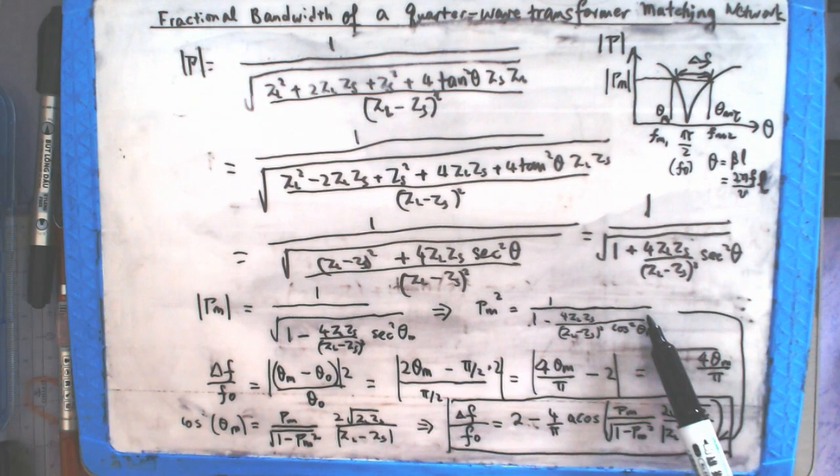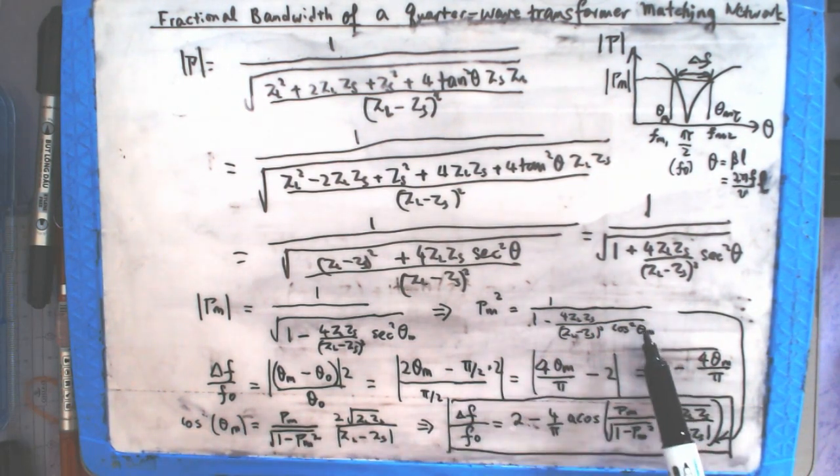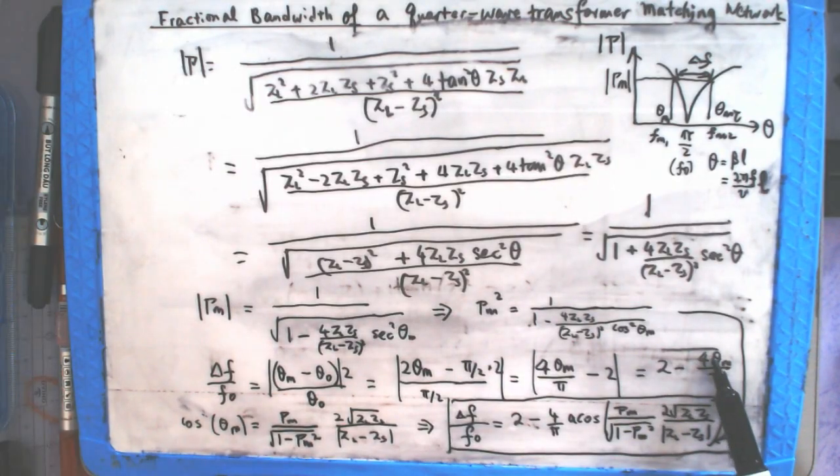I solved the value for cosine theta m from this equation here. And then from here, I substitute the value of theta m into this formula, and this is how I get it. And this is the so-called fractional bandwidth for a quarter wave transformer.